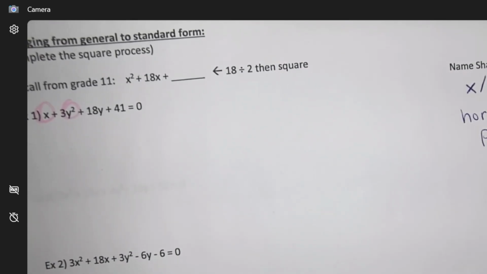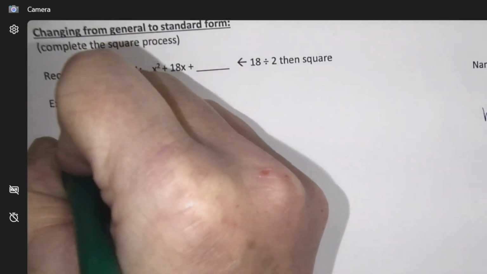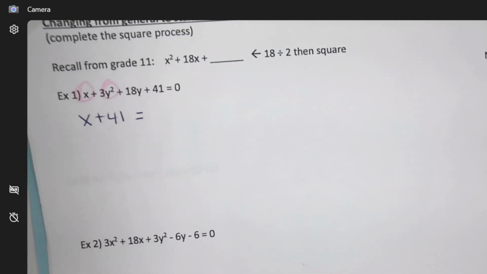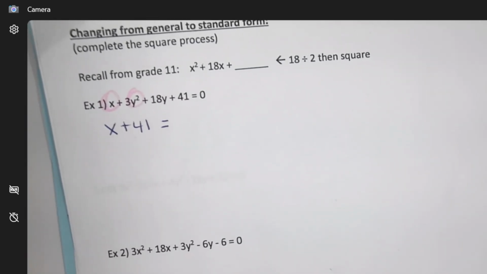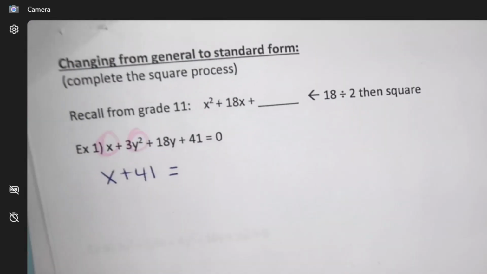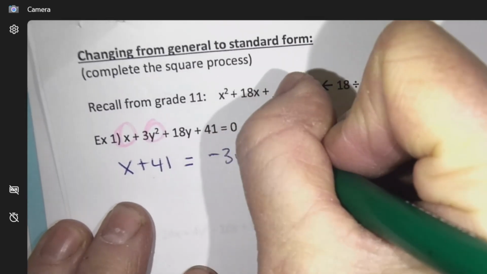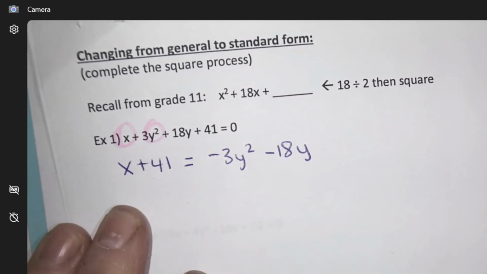Okay, so here's what I'm going to do. X plus 41 equals, and I'm going to move all the y stuff over. Okay, so negative 3y squared and minus 18y.